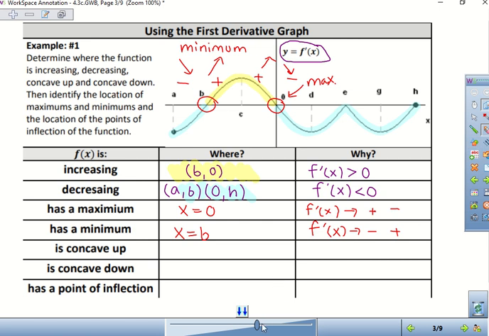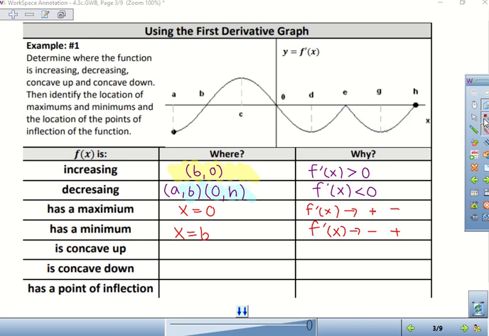I'm going to erase everything we have on here just because I want to make sure you guys don't get confused with anything I already have written. So next one is concave up. So concavity is based on what in general? It's based on the first derivative, second derivative, or the original function. Second derivative? Yeah, we use the concavity test, we use the second derivative, right?